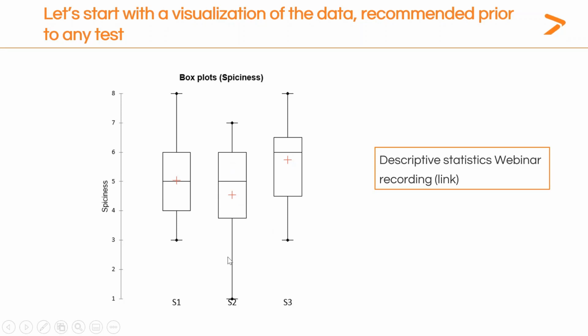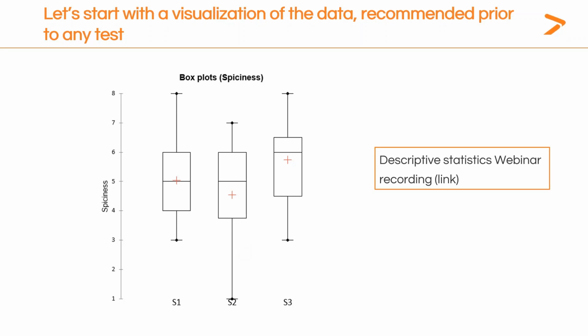Maybe in this specific box plot, linked to S2, we have a mean, the red cross, which is a little bit far away below the median, which is this black dash. So this means that maybe there's a small skew of the distribution towards lower values, but it's not very big, it's not very important.